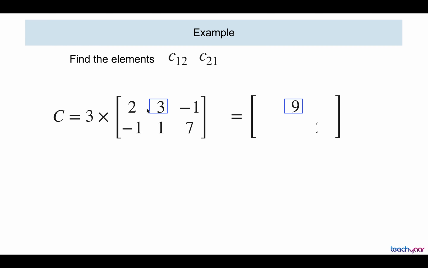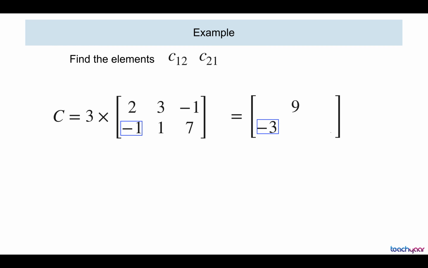Simple. Now the second number you need is C21. Second row, first column. You take A21 and you multiply that with the scalar, and what you get is C21. So 3 into minus 1, minus 3. That's very simple. So I've shown you two numbers.